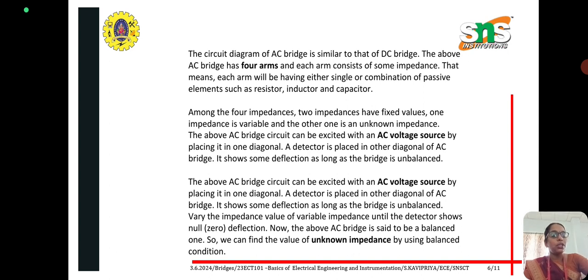The above AC bridge circuit can be excited with an AC voltage source by placing it in one diagonal, and the detector is placed in the other diagonal. It shows some deflection as long as the bridge is unbalanced. So when the detector shows a null deflection, we can measure the unknown impedance.